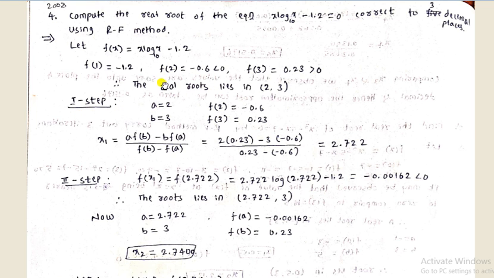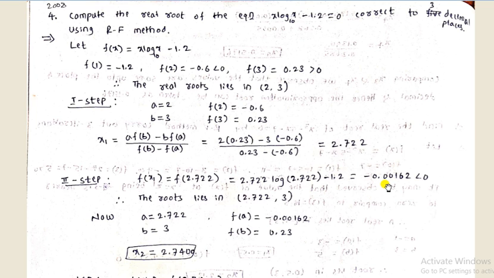First iteration, here a is equal to 2 because it is a negative value and b is equal to 3, a positive value. Then f of a and f of b values, and we apply the previous example's procedure. So substitute all these values in the Regula Falsi formula. So we obtain the value as 2.722. Then substitute 2.722 again in the f of x function and check whether it gives a positive or negative value.